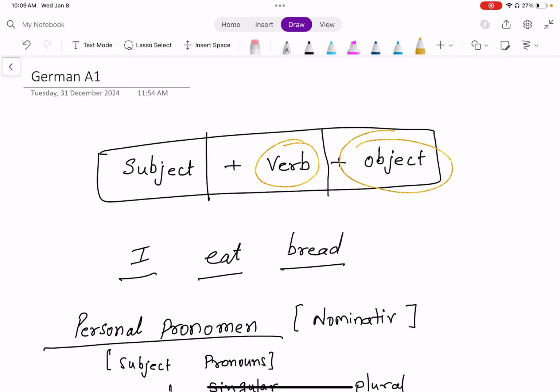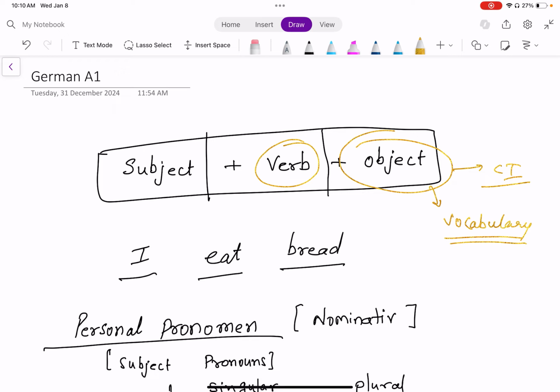Like I'm using this object, but let's call it vocabulary. How to say car in German? How to say apple in German, orange in German, and all that is vocabulary. The more and more German you learn, your vocabulary will keep on building. So this is a continuous process. If you say that I know everything, no, this is not possible, right? You keep on learning a language for a lifetime.